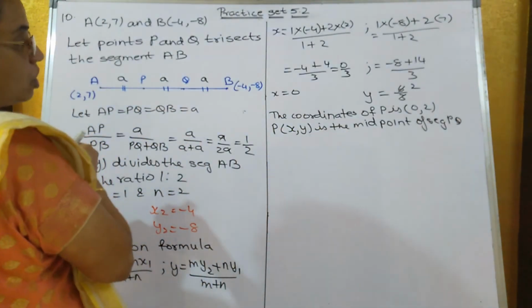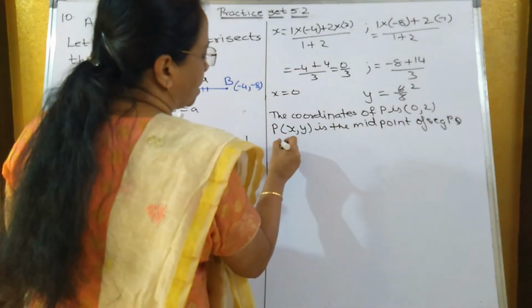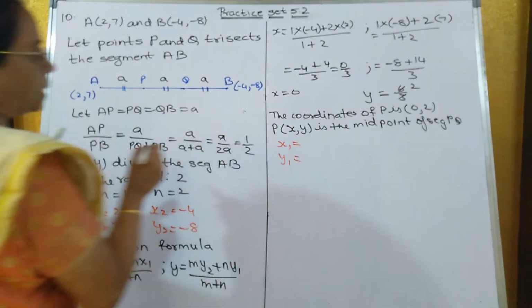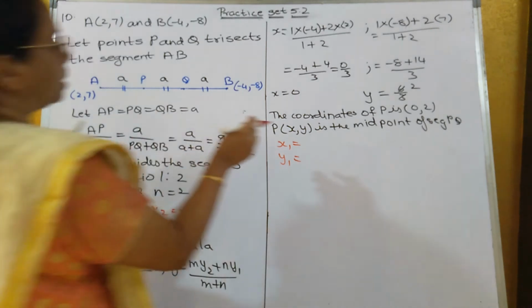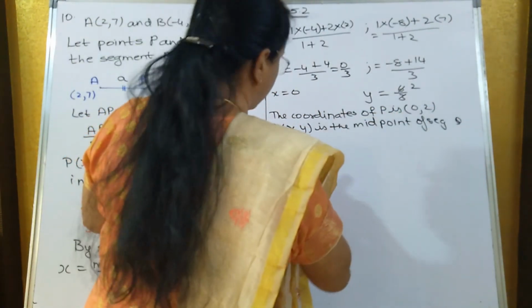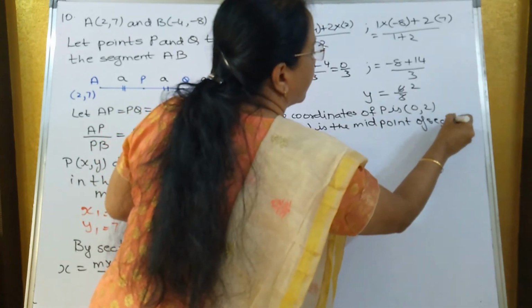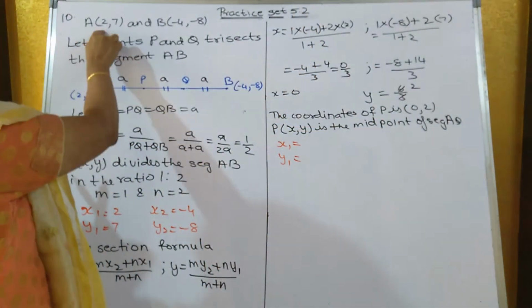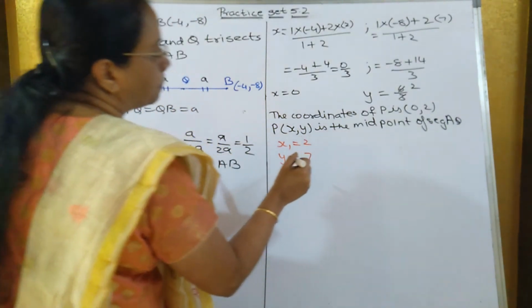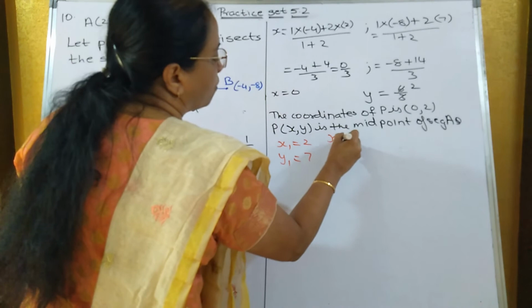So what is your x1 y1 over here? That is not PQ, it is AQ. So what is x1 y1? x1 y1 is 2 and 7 क्योंकि A का coordinates लेने का, so 2 and 7. x2 y2 we have to find out.